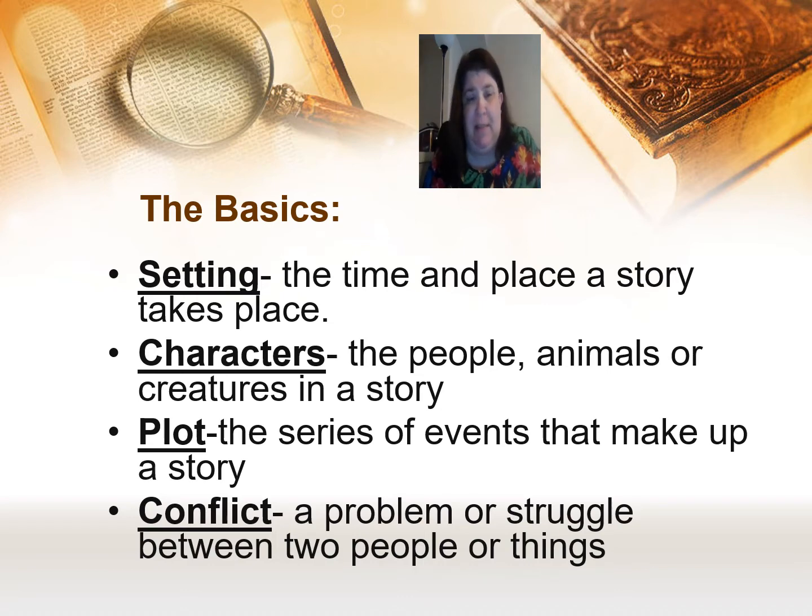So those are just the basics, and we're going to take each of those and look at them in a little bit more detail, so that we can understand how to best use these to understand a written story.